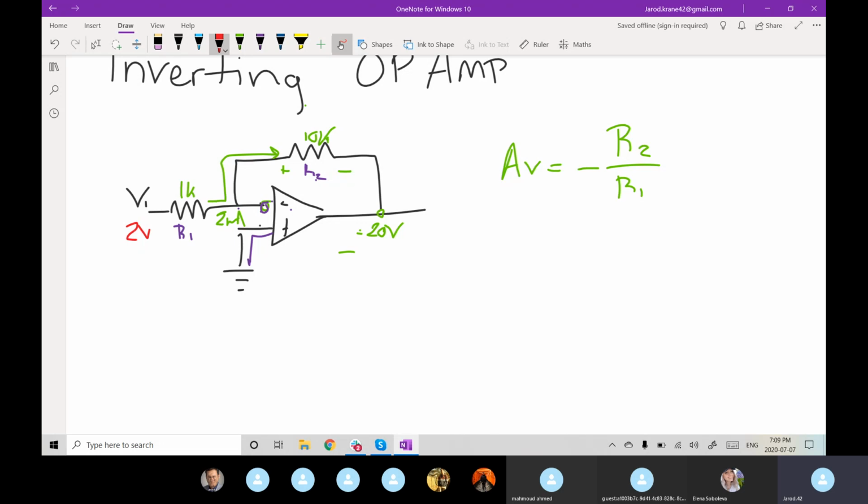So like we see here, our output is just going to be our 2 volts by our negative 10 over 1, so 10. So what we get is the minus 20 volts.